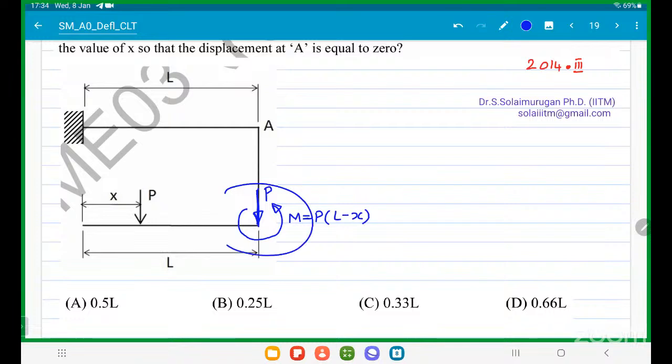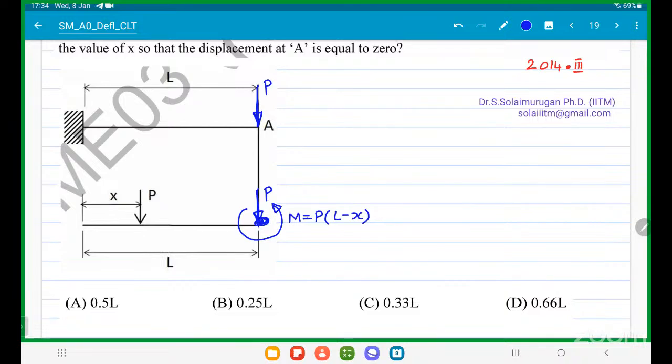Now we have to shift this load to A. Sir, if I shift this load to A, any change? While shifting the point load P to A, no change. Then this is a ring couple. The ring can be moved along its own axis, this axis perpendicular to the screen, or it can jump to a parallel axis.